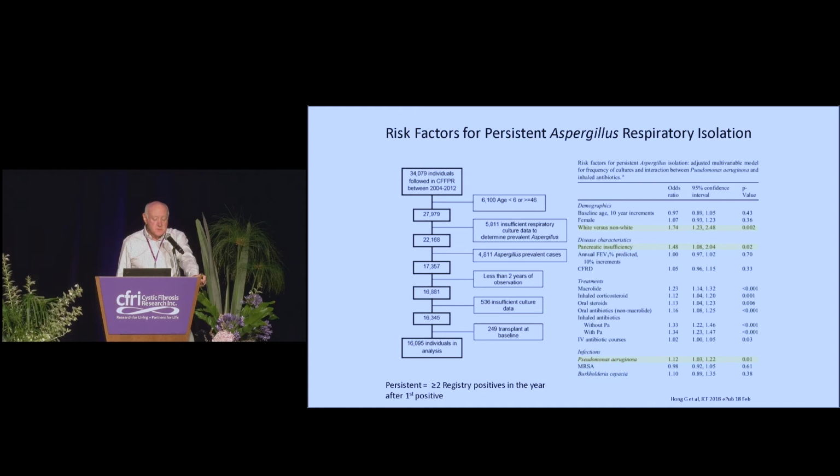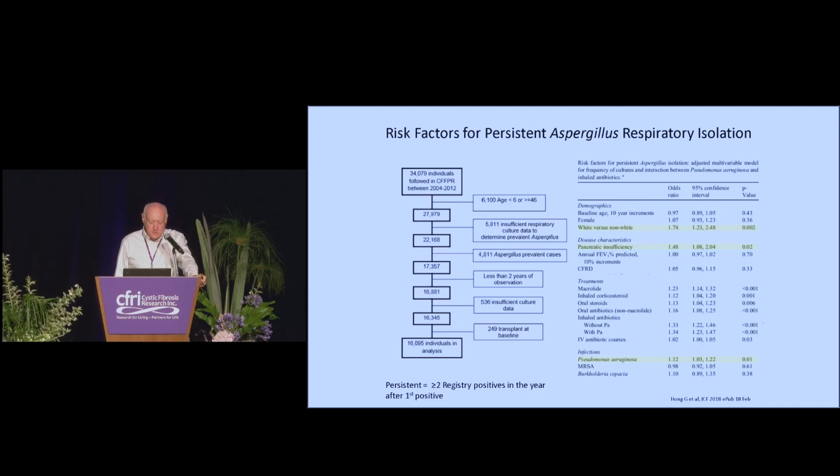Down at the bottom, you see there that certain infections appear to be a risk factor, and importantly, Pseudomonas is the one that shows up as the most important, and there's now a growing literature about the relationship between Pseudomonas and Aspergillus that have certain interplay between them. And in fact, there's a whole new field now looking at how multiple organisms interact within the respiratory tract.